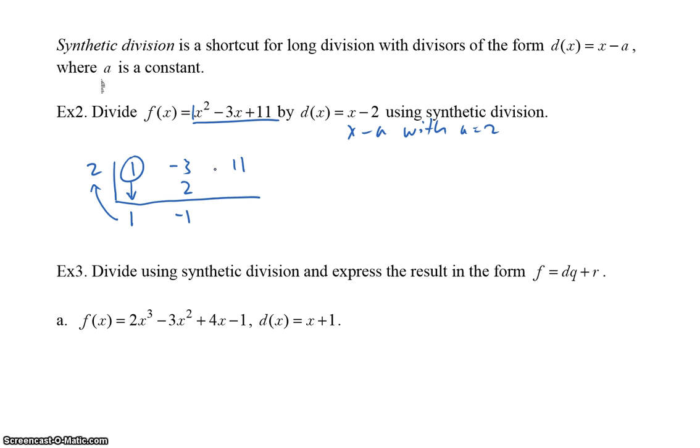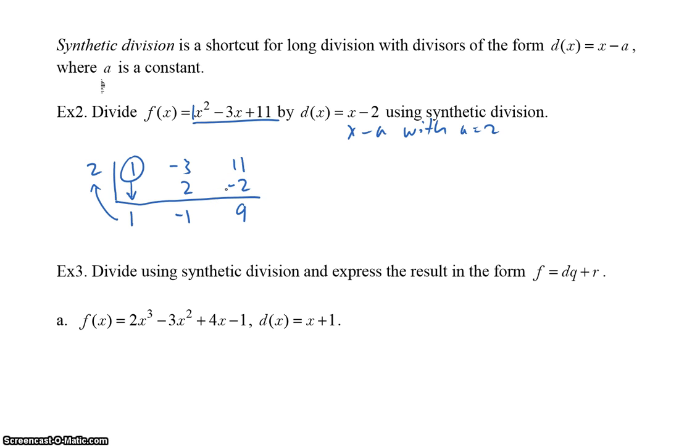You'll take negative 1 and multiply that by the 2 in the upper left corner. Negative 1 times 2 is negative 2. That goes below the 11. Then we add 11 plus negative 2 is 9.